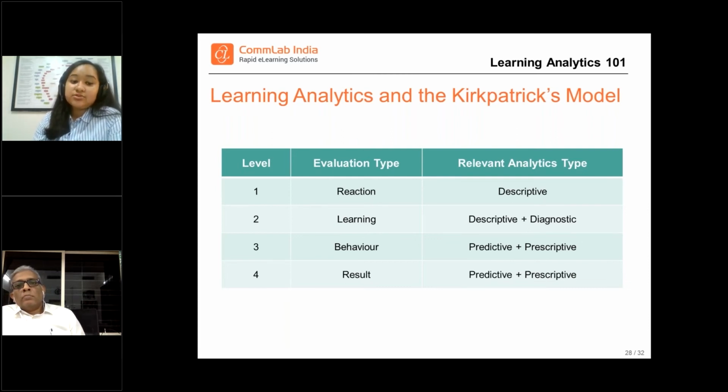And when it comes to levels 3 and 4, we have predictive and prescriptive at play, because data at this level is captured beyond the LMS. So you probably look into your HRIS, you also look into your business software, and see whether there was actually an impact on the results.